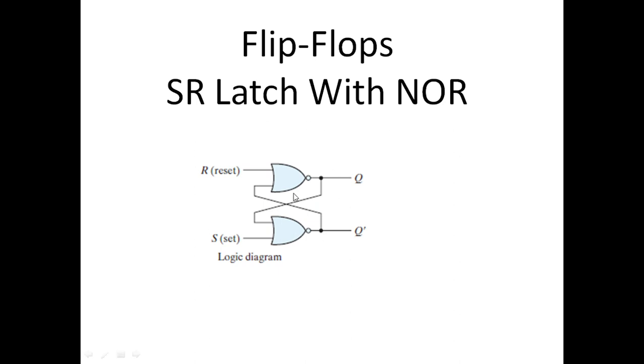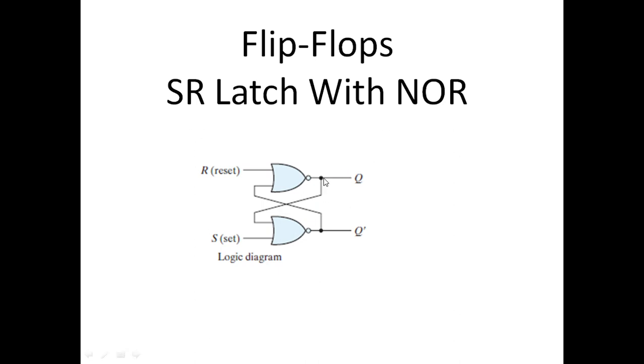We have two NOR gates, each with two inputs. One input is taken from the outside. The first input is reset, represented with R. The second input is set, represented with S. And the other input of each NOR gate is taken from the output of the other NOR gate.